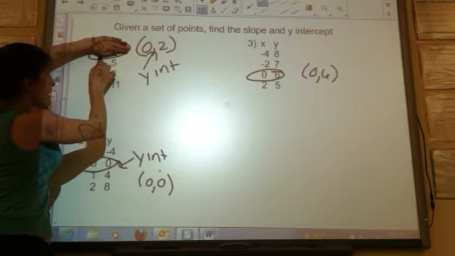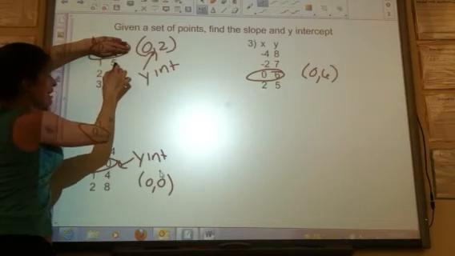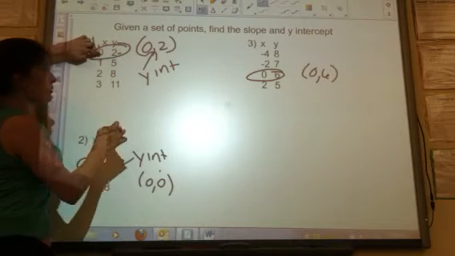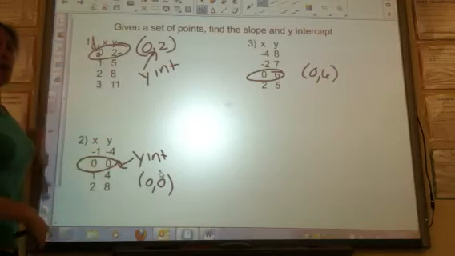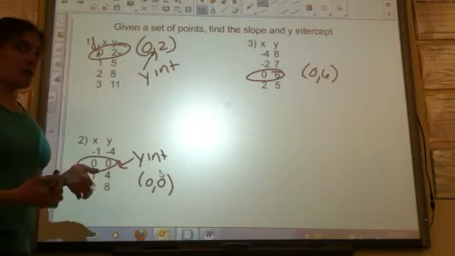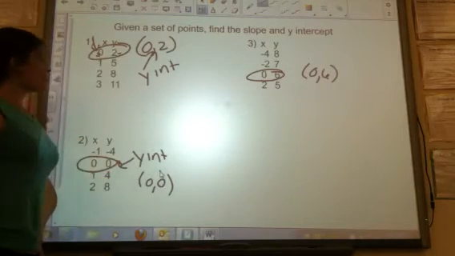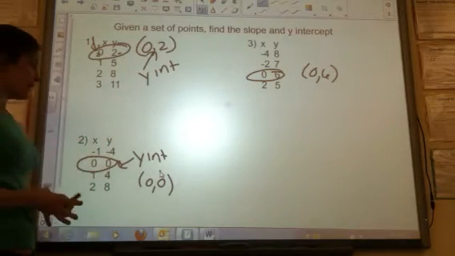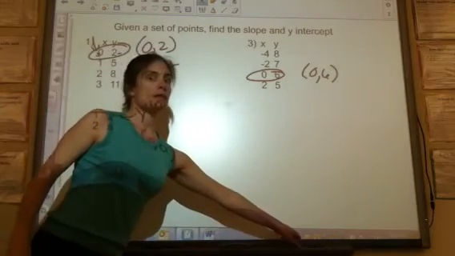So to get to 0, I would subtract 1 from x. To get to what the y value would be, I would subtract 3. By subtracting 1, I get to 0, which is where I want to go. My x value of 0 is my y-intercept. So that would make my y-intercept 2. Extend them.